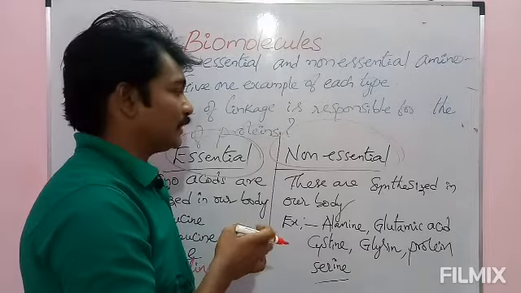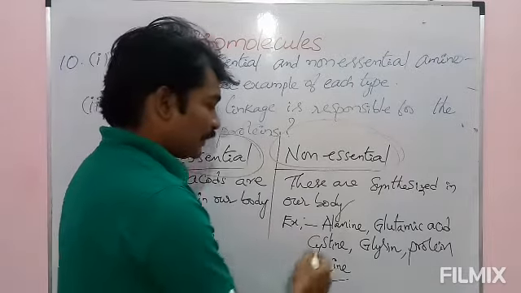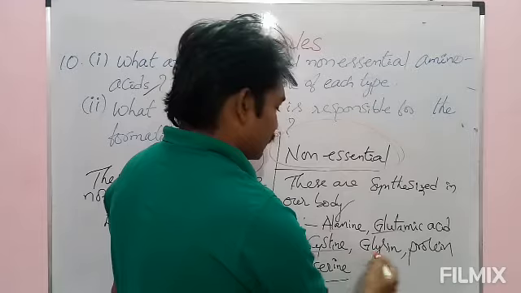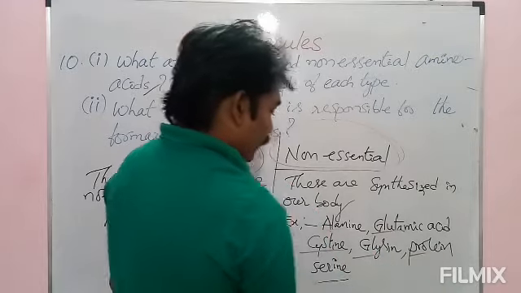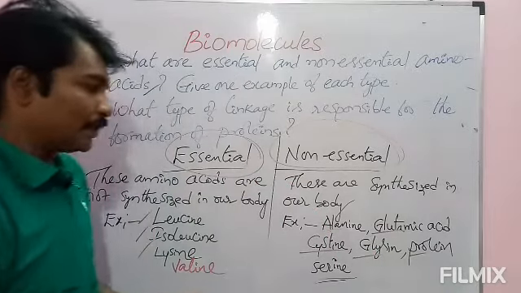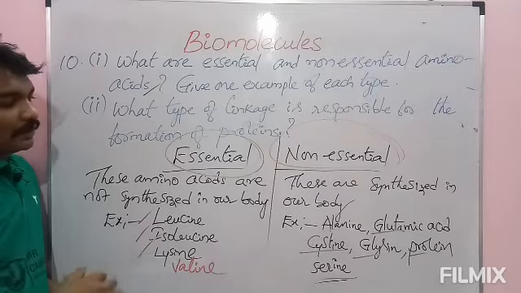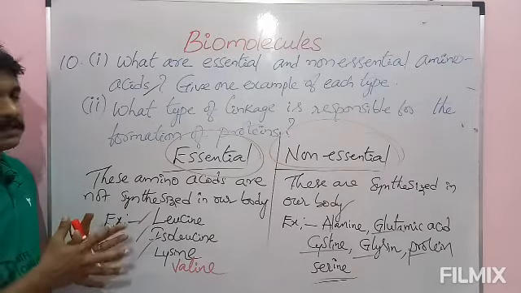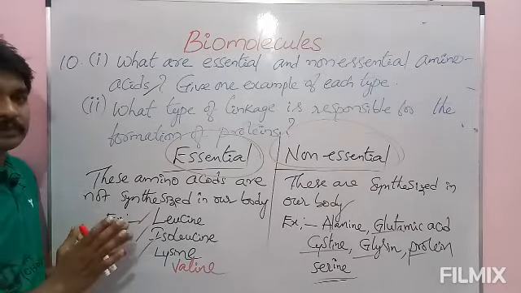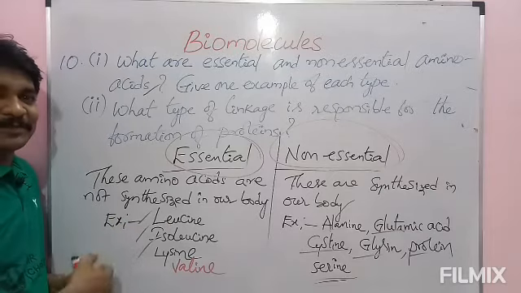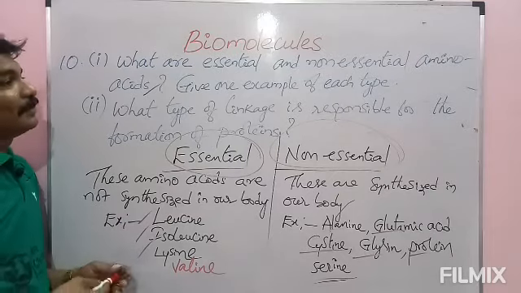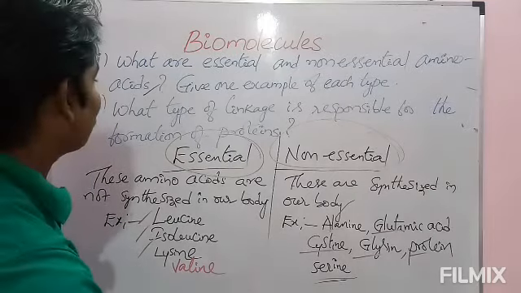That's why it is non-essential. Examples: alanine, glutamic acid, cysteine, glycine, proline, serine. These are all examples, still a few more are there. Okay, you learn these things. These are enough to write in the board exam. Okay, please note down this one, and we will move to the next one.